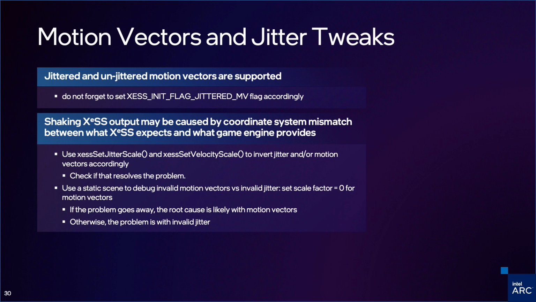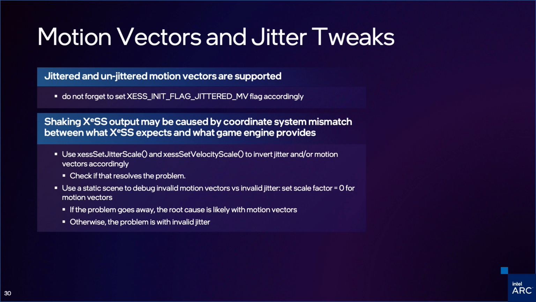If you have integrated XeSS into your game and the output XeSS generates is shaking from frame to frame, then it is likely that there is an issue either with jitter values or with motion vectors, or even both. To debug this problem, first of all, try to invert jitter values or motion vectors and see if that resolves the problem.